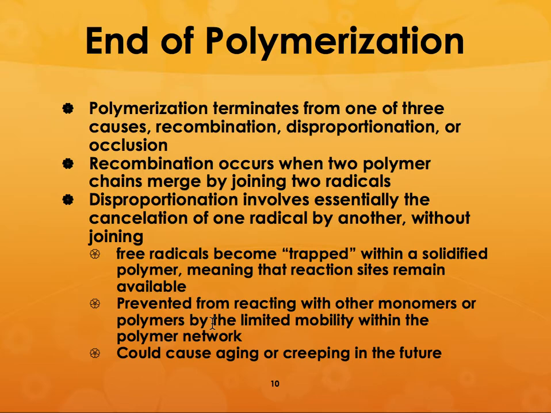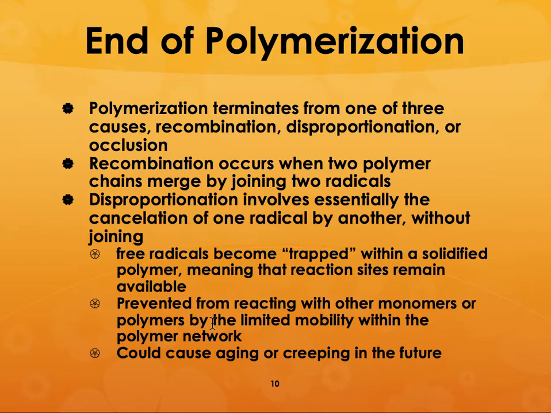Now, how do you end this polymerization? It terminates from one of three causes. It's called recombination, disproportionation, or occlusion. Recombination occurs when two polymer chains merge by joining two radicals.